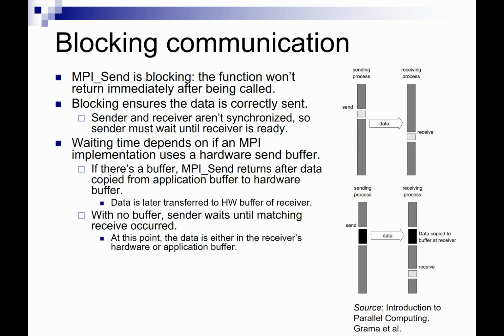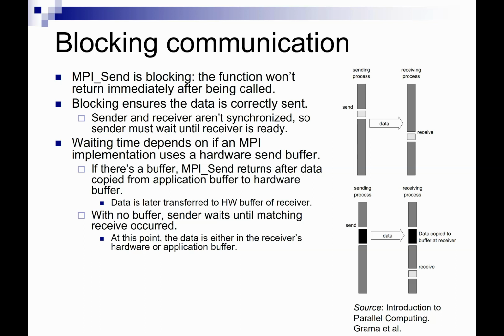Now, the amount of time that MPI spends blocking depends on whether your implementation of MPI has something called a hardware send buffer. A hardware send buffer is like a location in your process's memory where you're going to store the messages that you want to send out. If there is such a buffer, then MPI send is just going to wait until the data is copied from this MPI program into the buffer.